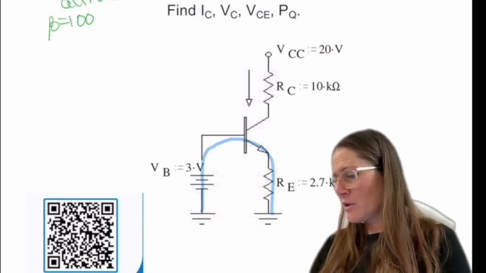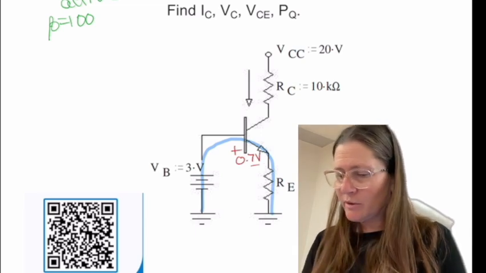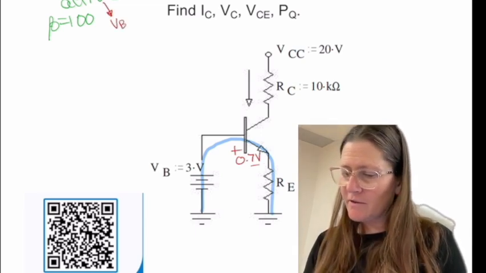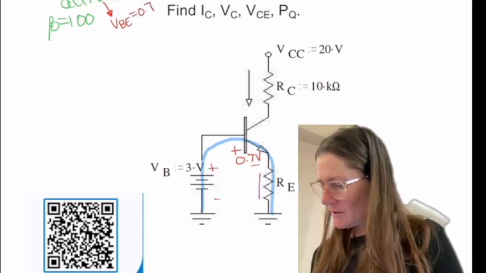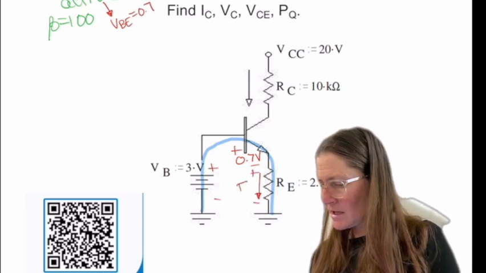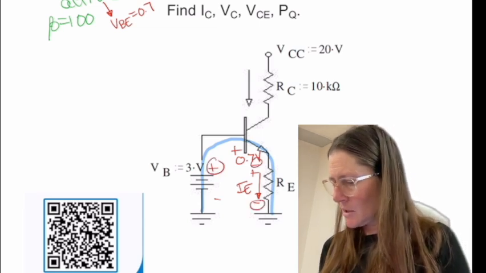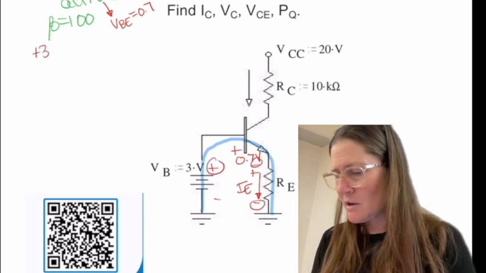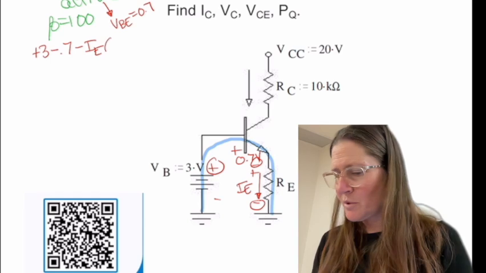You label the 0.7, so that's what you assume when you're in active, that VBE is equal to 0.7. So this is plus to minus, and then you also have IE here from plus to minus. So plus 3 minus 0.7 minus IE times 2.7K.